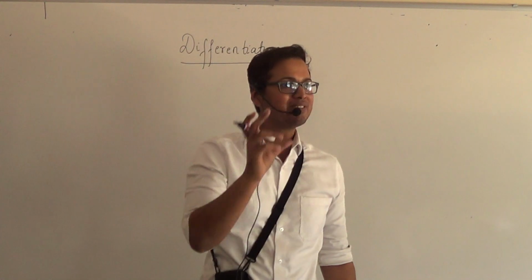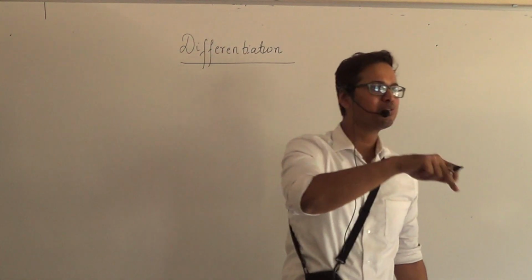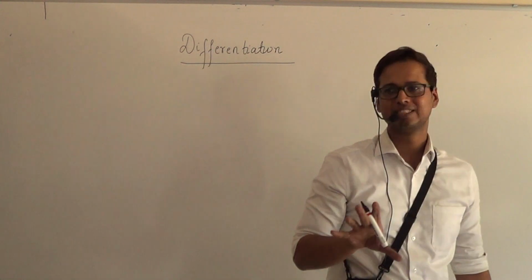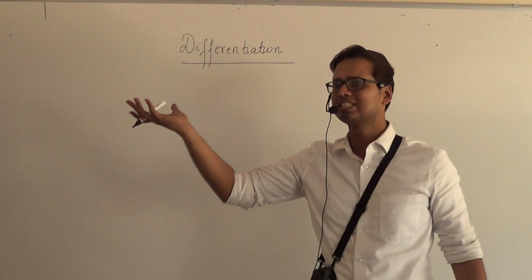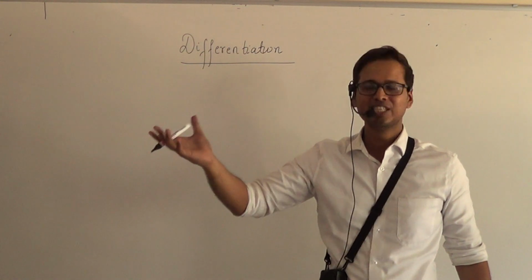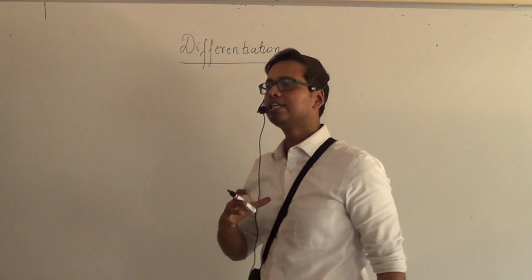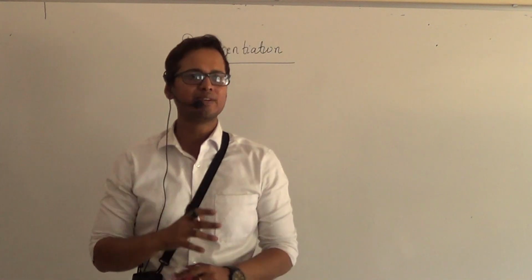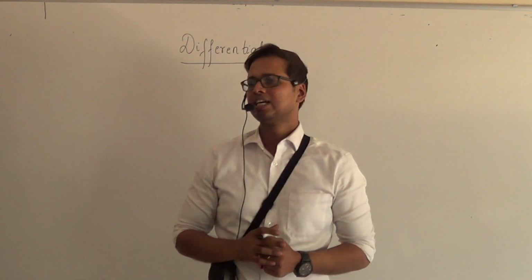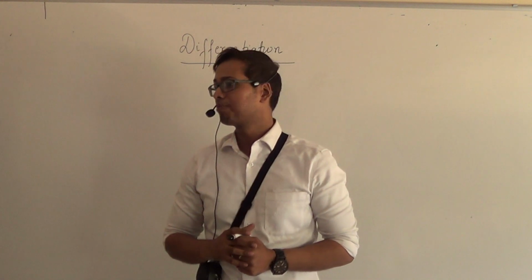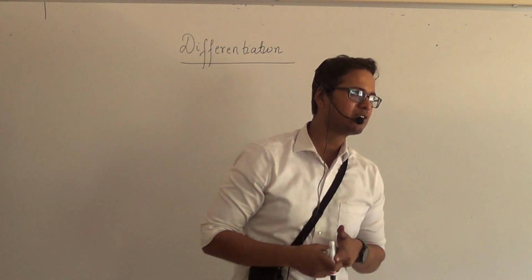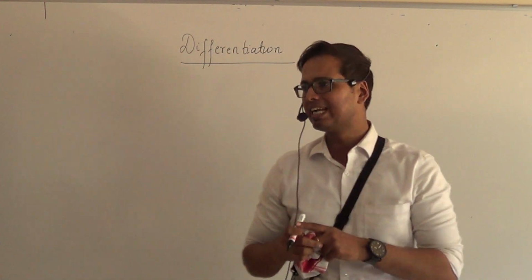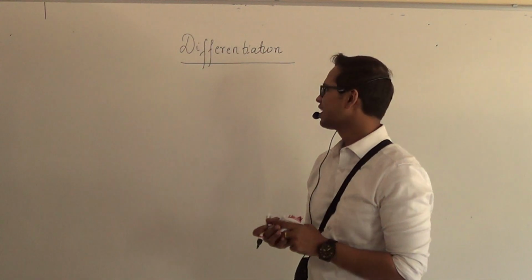So derivative is a result obtained through which procedure? Differentiation. Like sublimation leads to a residue which is called the sublimate, right? So from differentiation we are going to obtain something called the derivative. What is derivative? What are the properties of derivative? What is the geometrical meaning of it, graphical meaning of it? Everything will be understood in today's class, right?